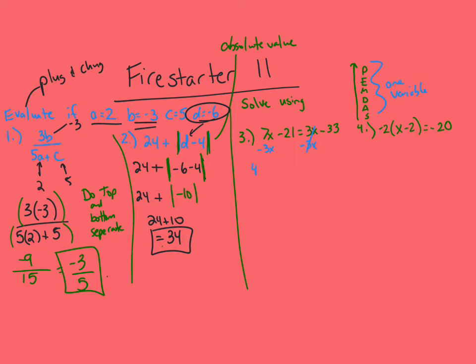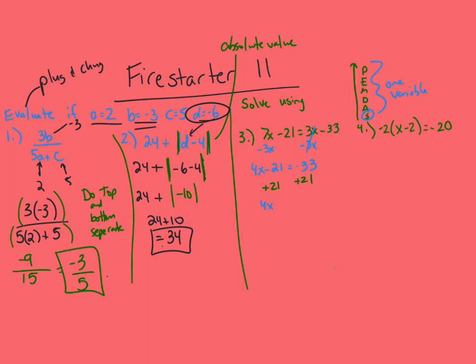I end up with 4x minus 21 equals -33. Now, I'm going to use PEMDAS backwards, and I get rid of subtraction first. So to get rid of the subtraction, I'm going to add 21 to both sides, because you get rid of subtraction with addition. So I get 4x because the -21 and +21 cancel.